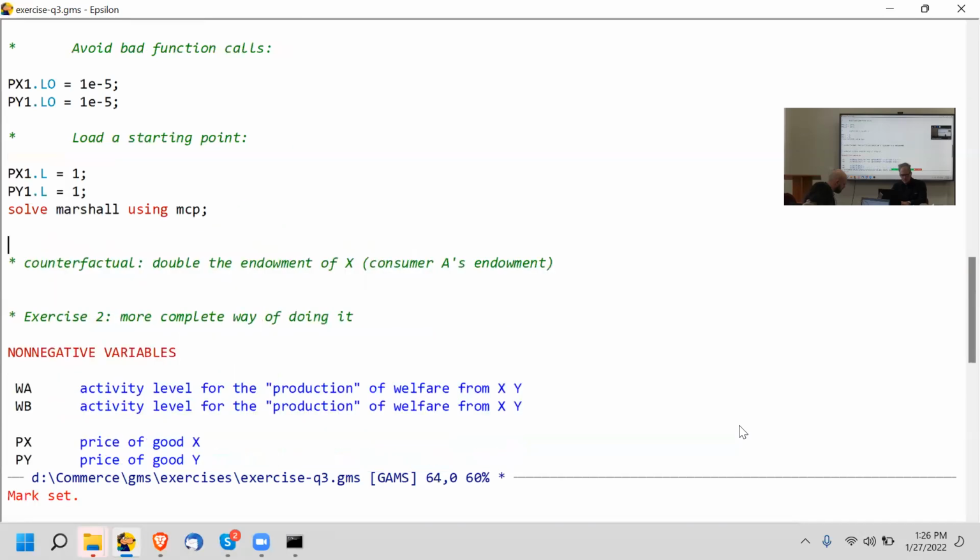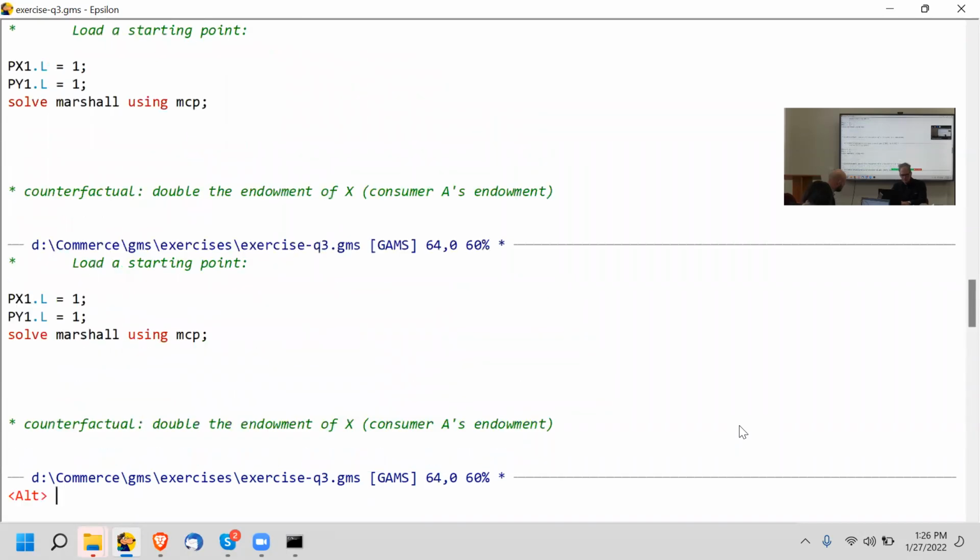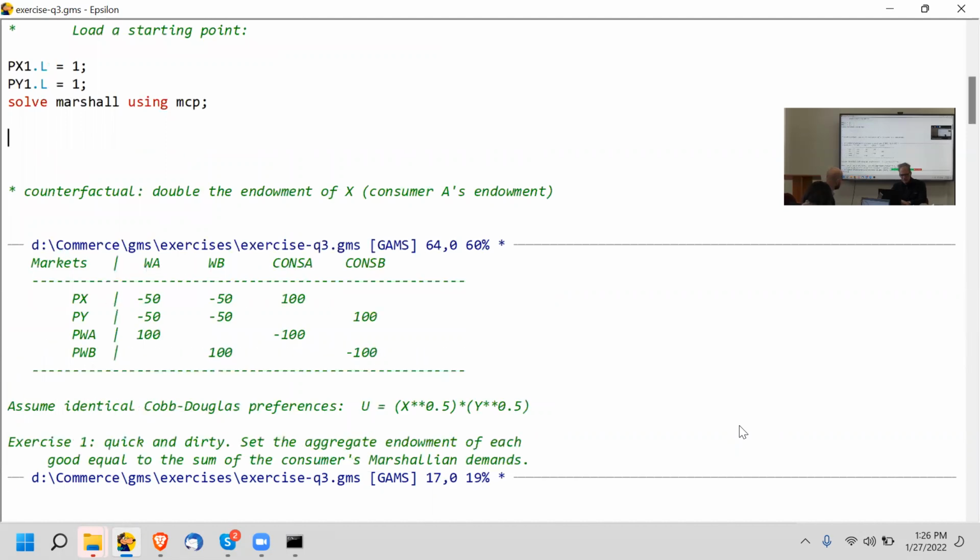And then we go to individual demands. If I look at this, it's going to be a parameter, demands D1. That's the demands in model 1 by consumers in model 1.